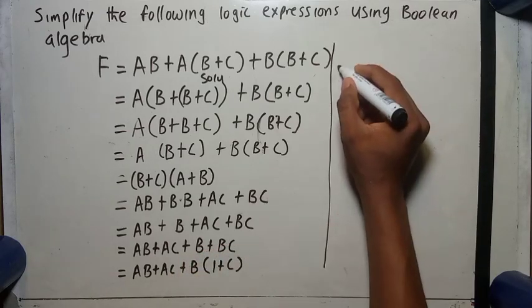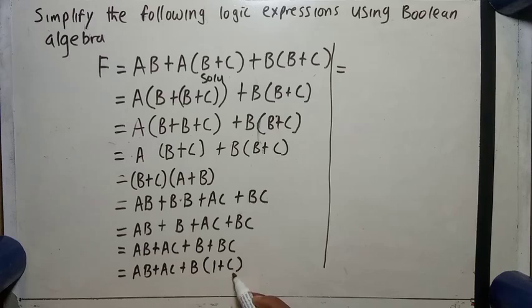Now, continuing from there, anything plus 1 is going to be 1. So a plus 1, b plus 1, c, even c bar plus 1 will still give you 1. There can be many variables, but so long as they are adding to 1, not multiplying, everything there will become 1. So the whole of this is now 1.